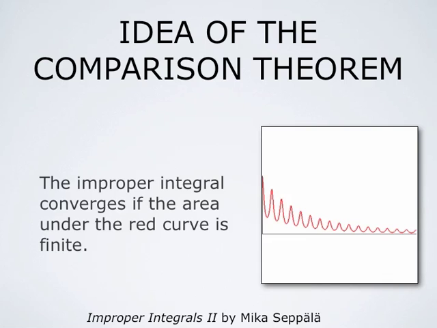And conversely, if the area of the domain under the red curve is finite, then this improper integral converges. So this is the idea of the so-called comparison theorem.